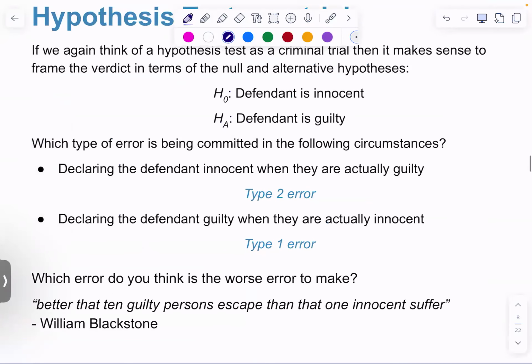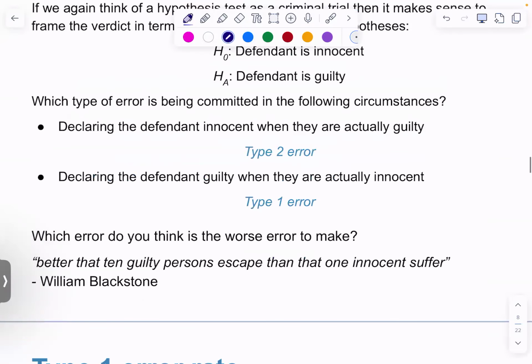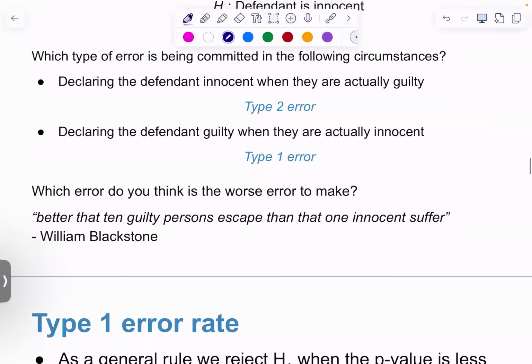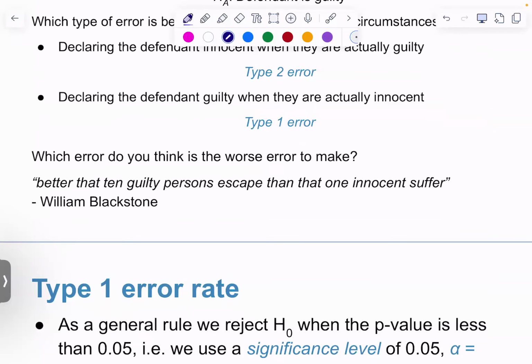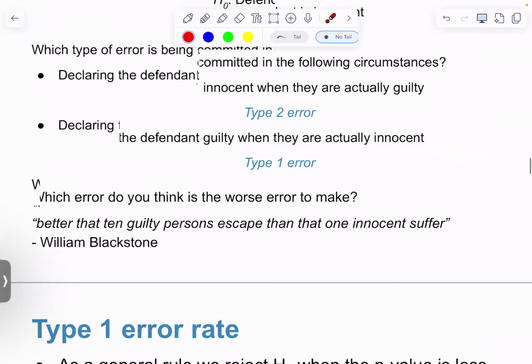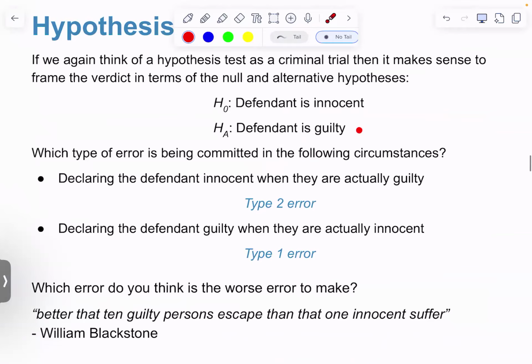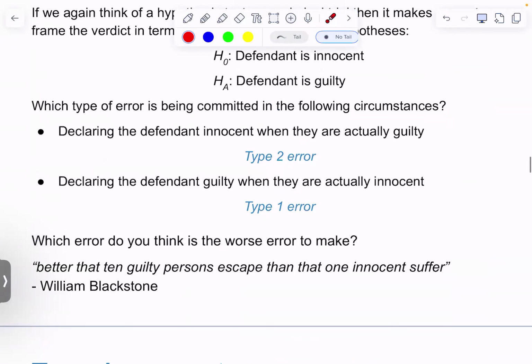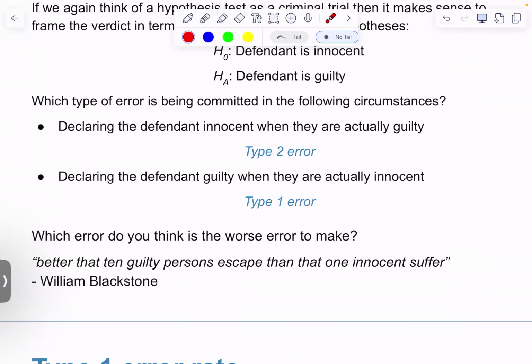There is this argument, and it's hard when we're talking about innocent and guilty, but which error do you think is the worst error to make? We've got a quote to lead us down the path: better that 10 guilty persons escape than that one innocent suffer.